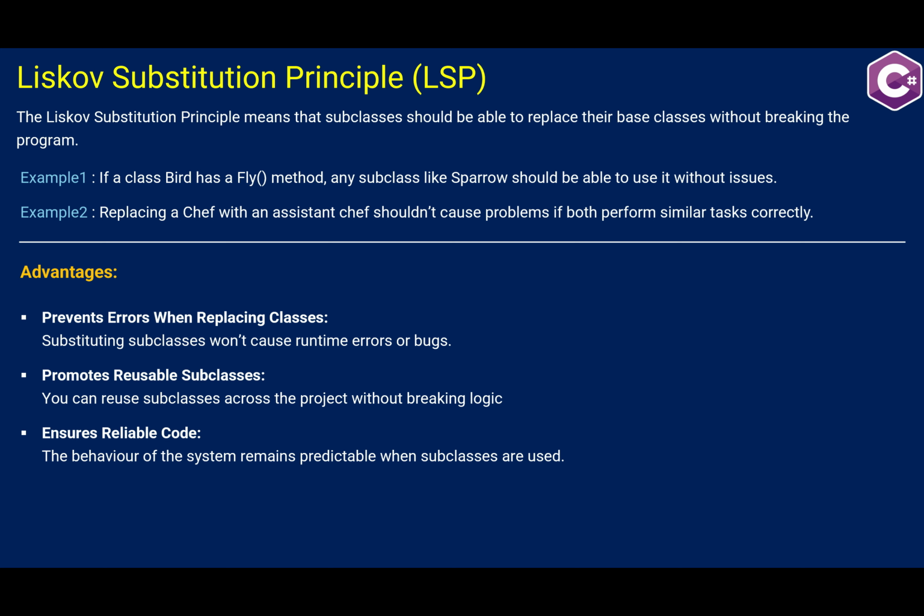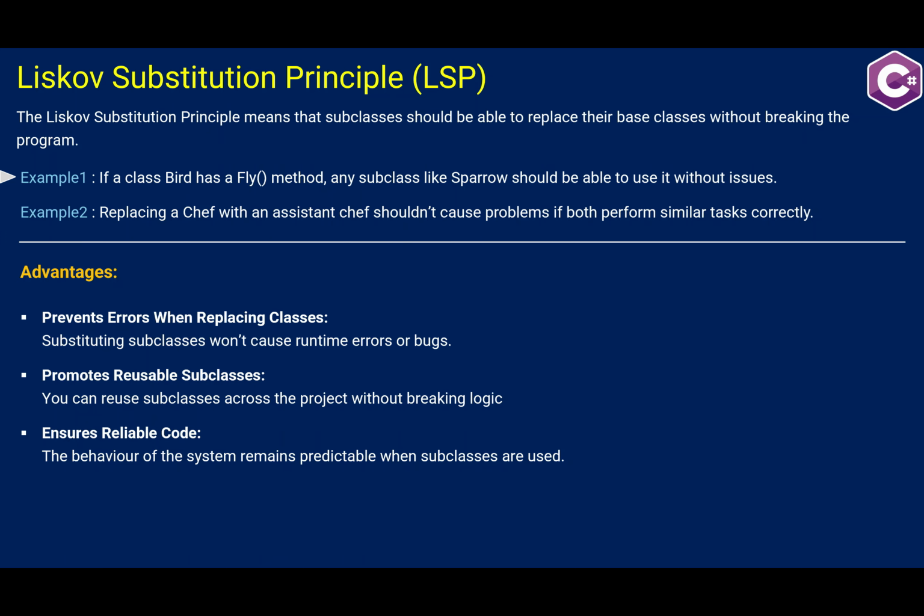So, for example, if a class, let's say a bird, can fly, but in the subclasses of that bird, let's assume a sparrow, should be able to use it without any issues.